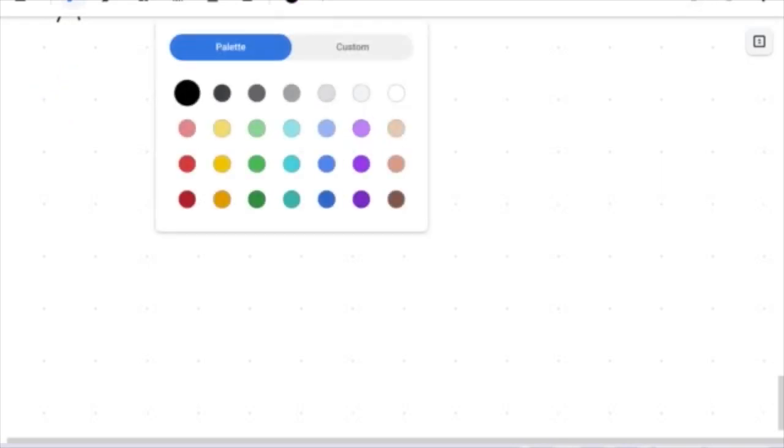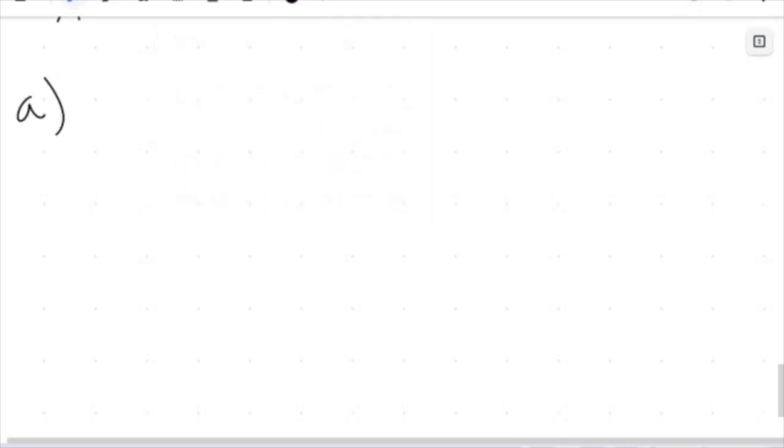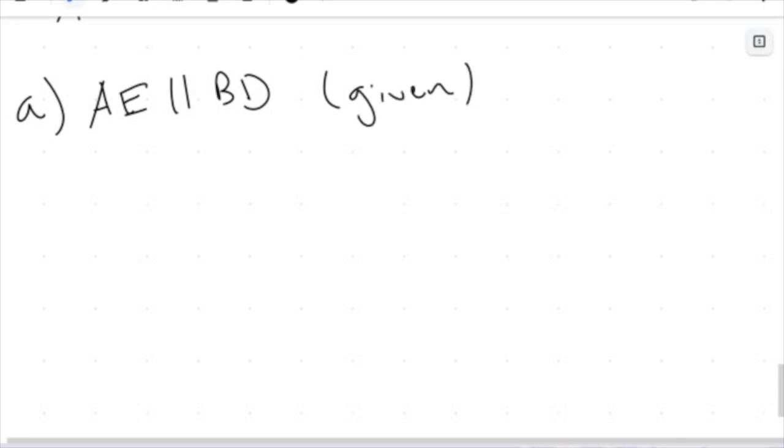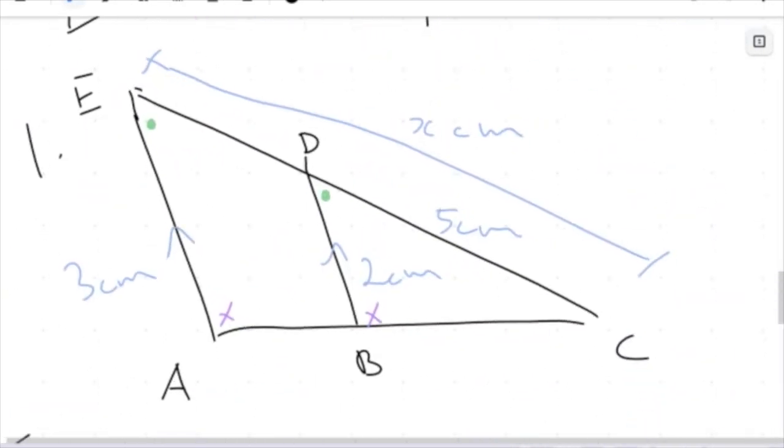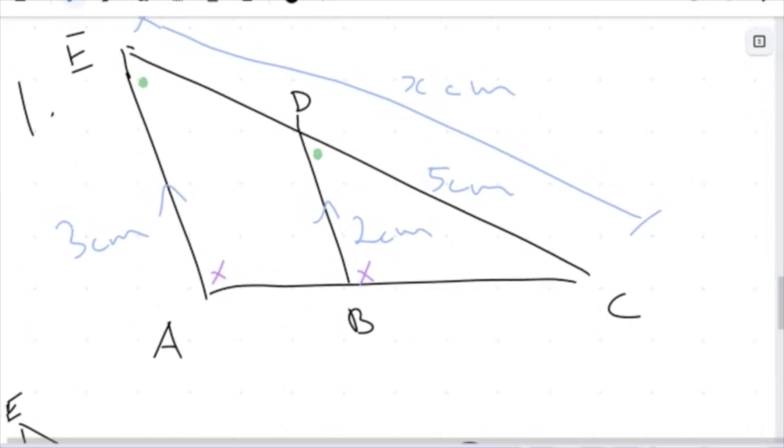So for my working out in part A, I'm going to say, let's do that in black. So my side AE is parallel to my side BD. That's given here. So AE is parallel to BD.